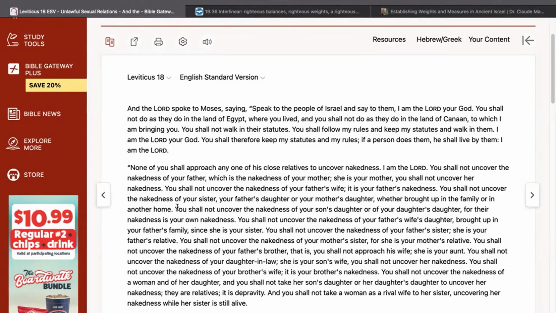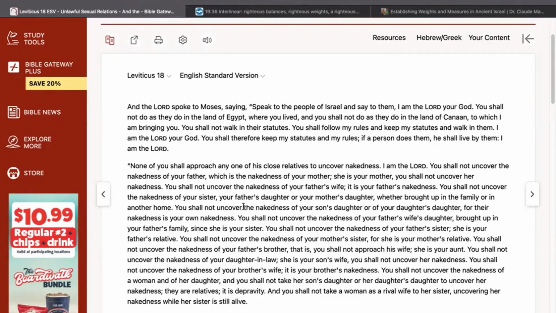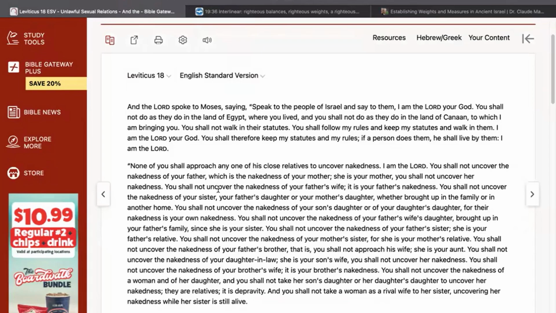And so we see this, and yeah, so this idea of Noah's nakedness, right? Well, hearing that, there's a question: are we talking about Noah being naked or his mother, right?